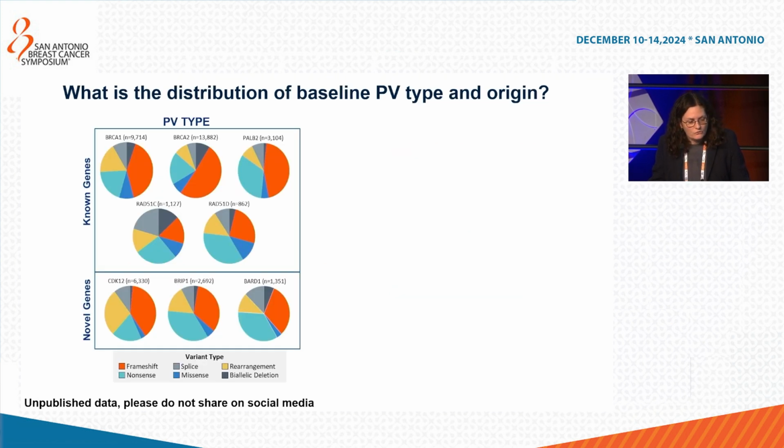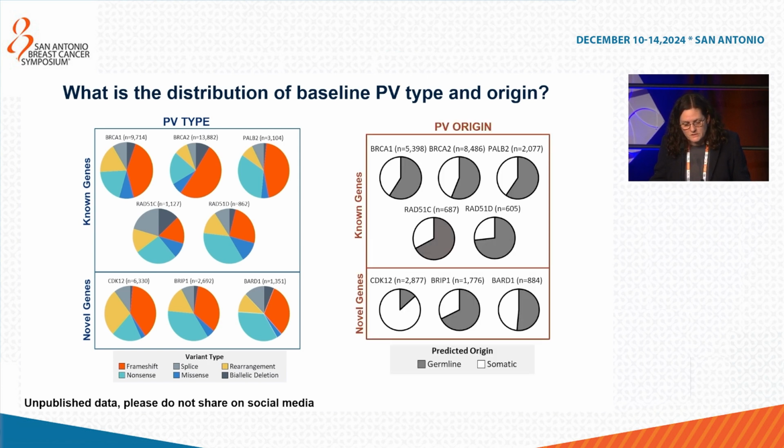Next, looking at the baseline pathogenic variant type and origin. Just to note, they're generally mostly frameshifts, mostly nonsense. Interestingly, in RAD51C, you see a real enrichment of splice sites. And then these are the 3 novel genes, with BRIP1 and BARD1 looking similar, and CDK12 looking slightly different with a large enrichment of rearrangements.